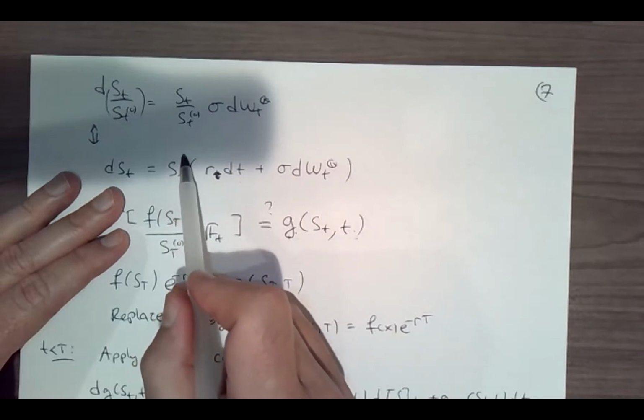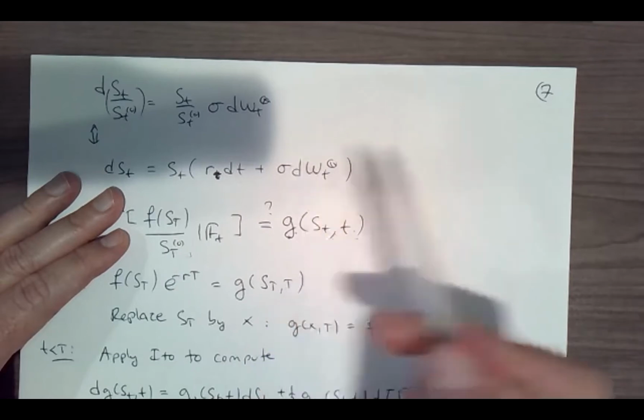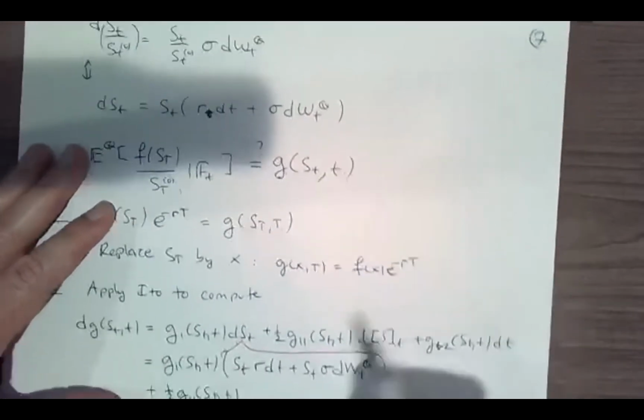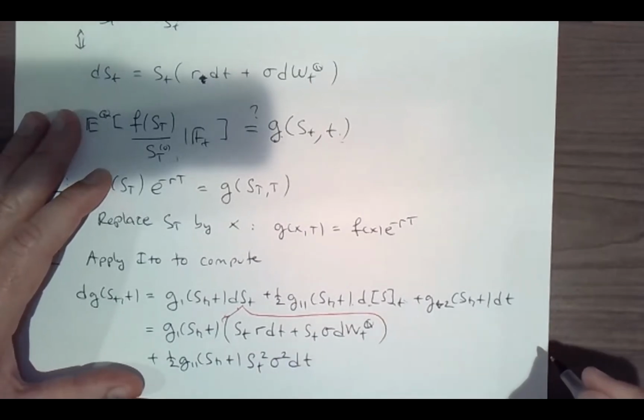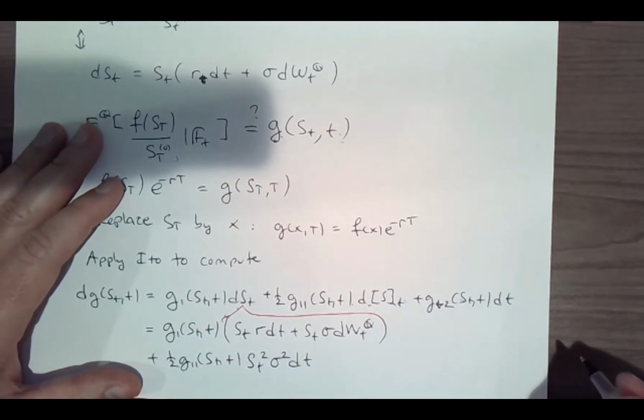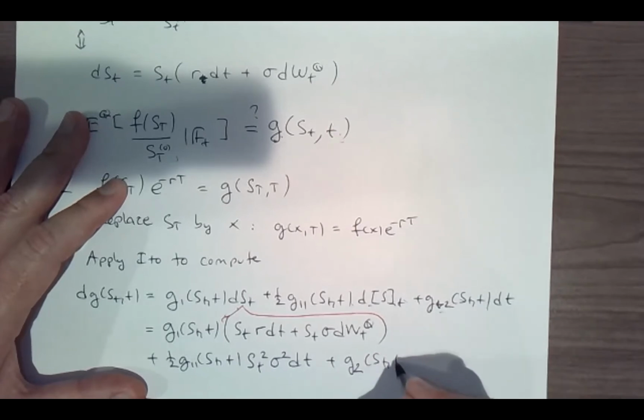So I need S squared here and sigma squared here, and then the quadratic variation of Brownian motion, that's going to be dt. So I'll get here S_t squared sigma squared dt. And then there is the last term over here, the time derivative g2 of S_t and t dt.